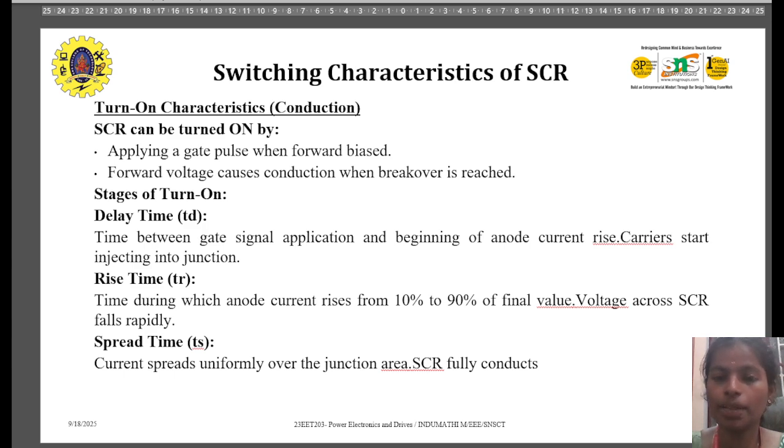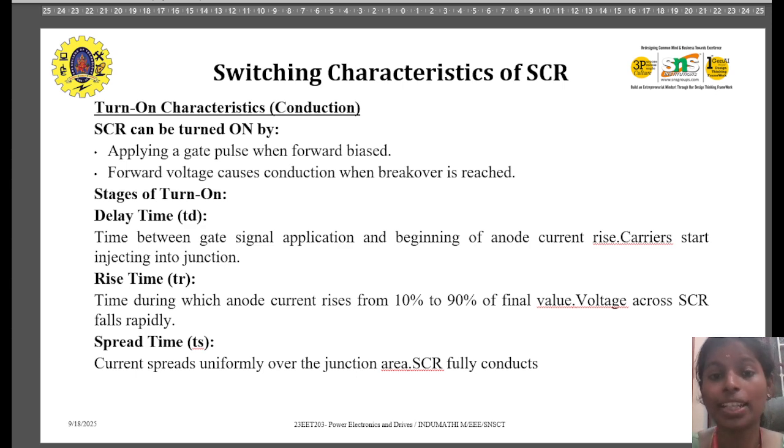Normally in switching on, we have three stages: delay time, rise time, and spread time. Delay time is the time between the gate pulse applied and the start of current rise. And here the charge carriers are injected near the gate, okay?